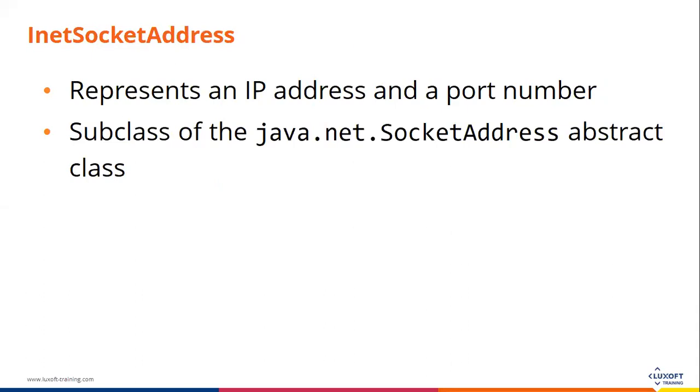And there is also a class called InetSocketAddress that represents the IP address and the port number. And we remind that in order to access a process, you need the IP address, the transport protocol, and the port number where such a process is running.